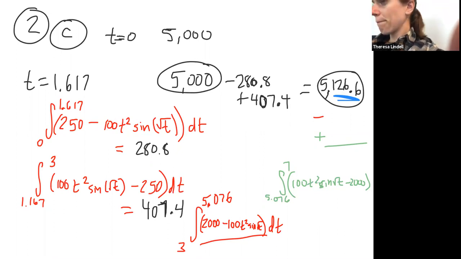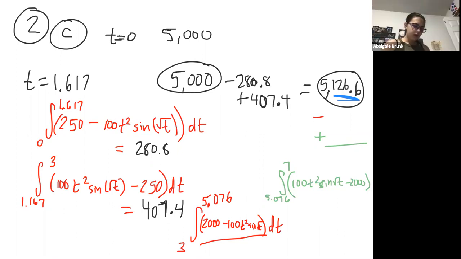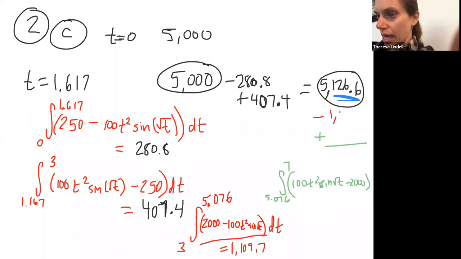So the 3 to 5.076 was 1,109.7. Oh, so yeah, that lost a lot. My guess is that our max is going to be at 3 because that lost a lot.